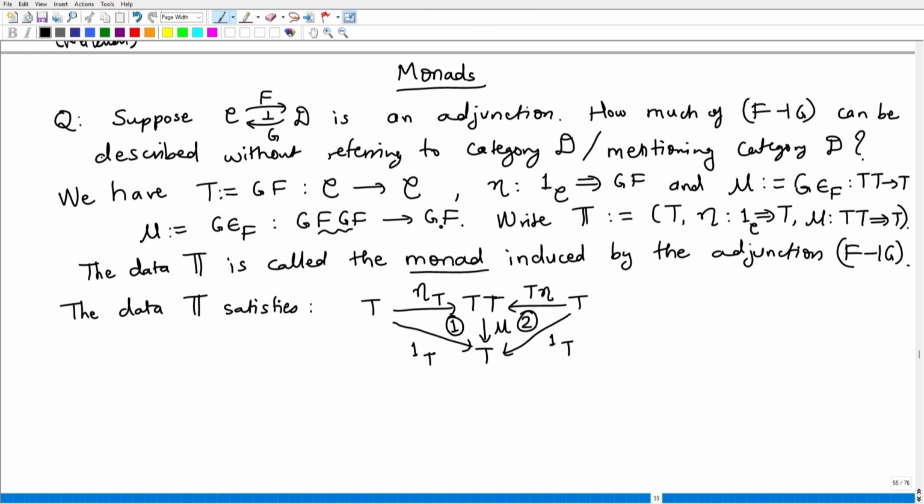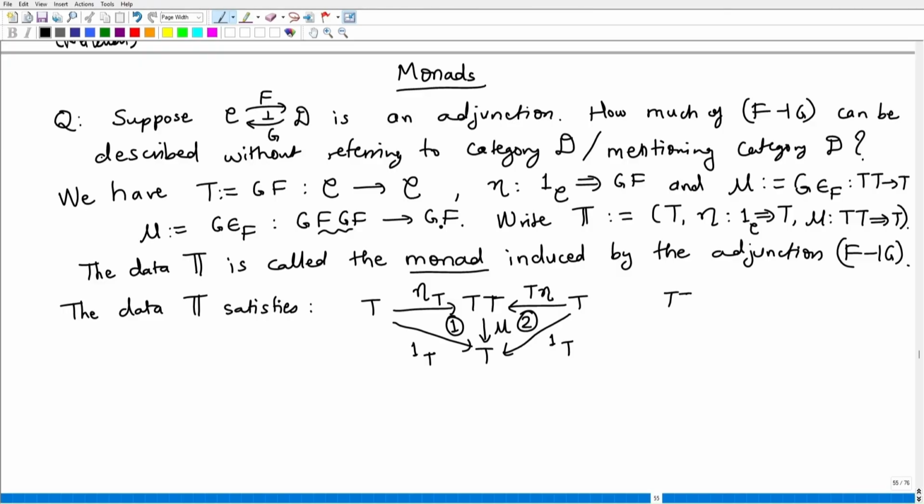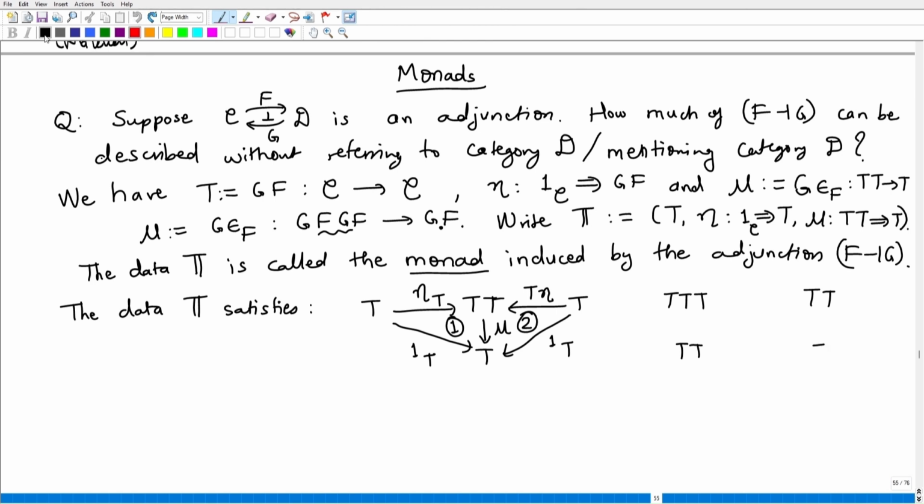It's trying to say that eta is a left as well as right identity. And finally, we are going to say that mu is associative. And mu is associative, we write it like this: TTT, TT, TT, and T.